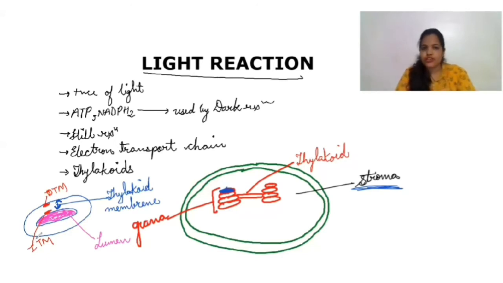Apart from the structure, we need to have knowledge about the pigments. Those pigments or molecules which are trapping the light energy, which are trapping the photons. So let's see what these pigments or molecules are. We know that photosynthesis basically takes place in the presence of which pigment?